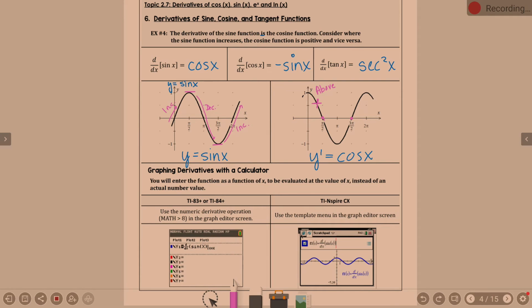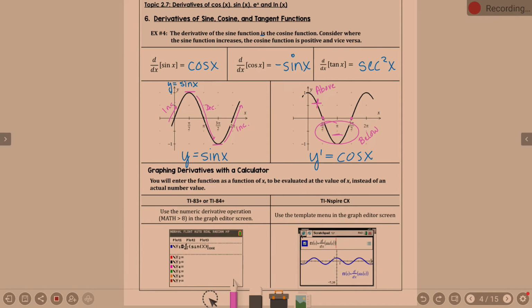It's not that that has a positive slope, it's that that is positive, as in it is above the x-axis. What about from pi over 2 to 3 pi over 2? That section is down below the x-axis because it has negative values. Well, a decreasing function has a negative slope.